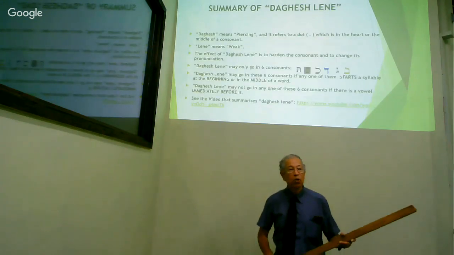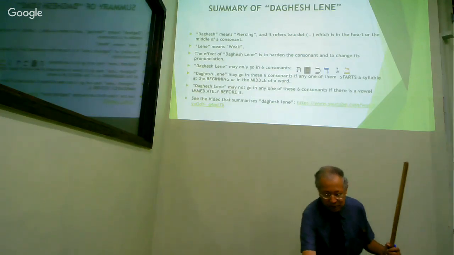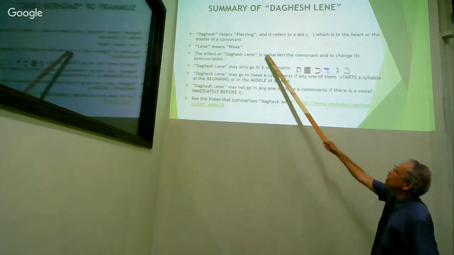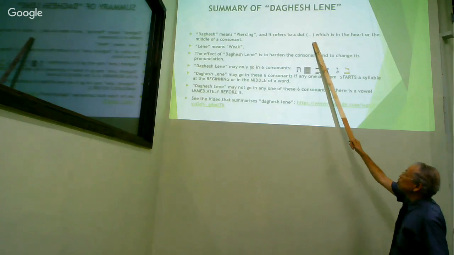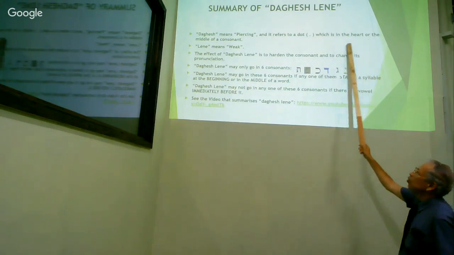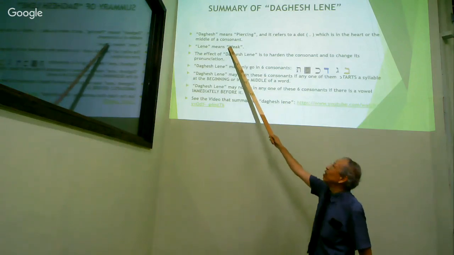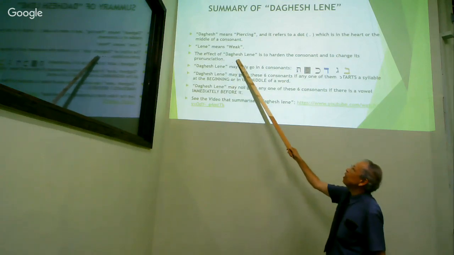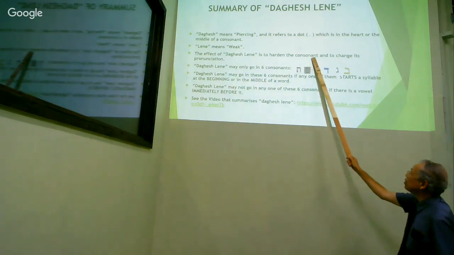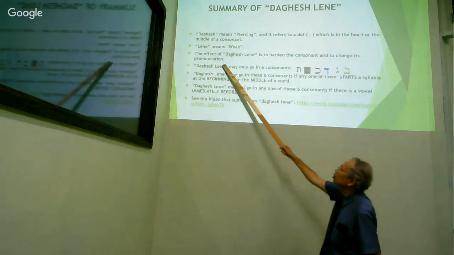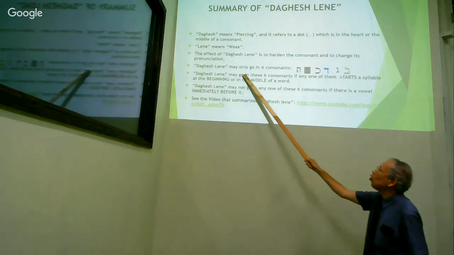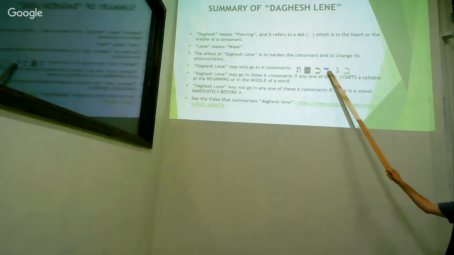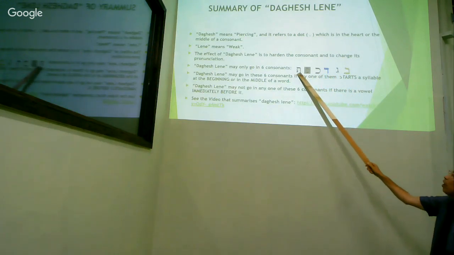Okay, so let us look at a summary of Daghesh Lene. Daghesh means piercing, and it refers to a dot which is in the heart or the middle or the center of a consonant. Lene means weak. The effect of Daghesh Lene is to harden the consonant and to change its pronunciation. Daghesh Lene may only go in 6 consonants: Beth, Gimel, Dalet, Kaf, Fe, Thau.